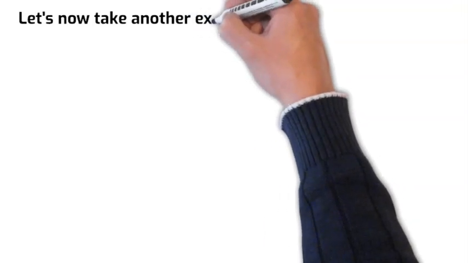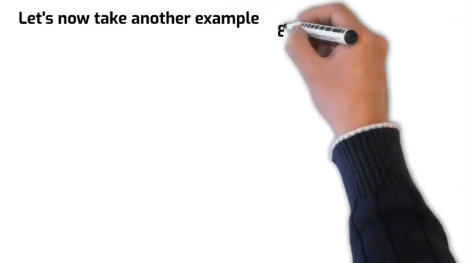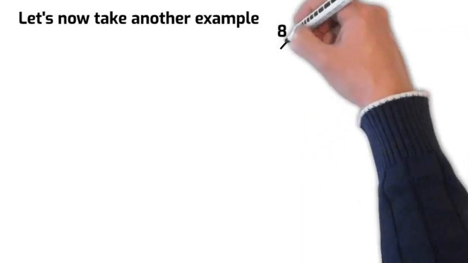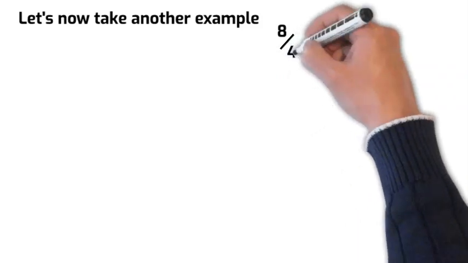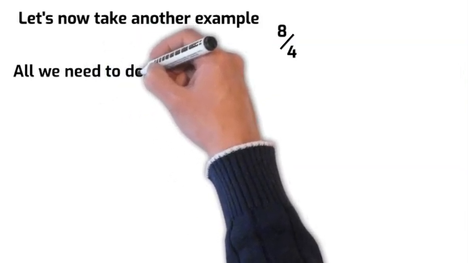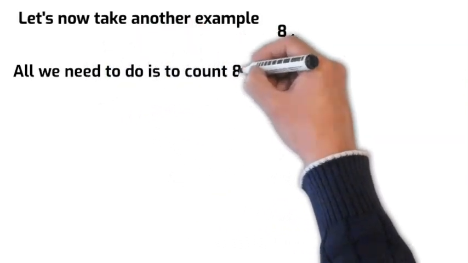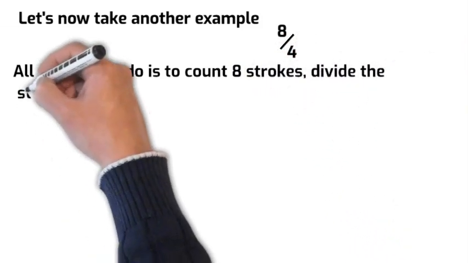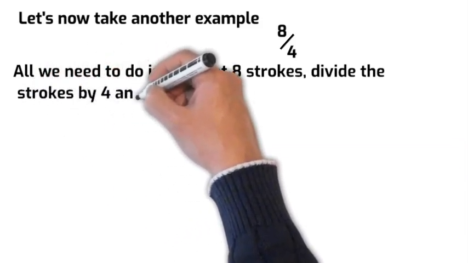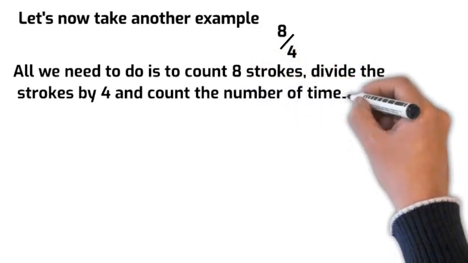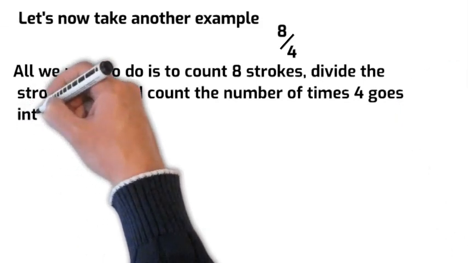Let's now take another example. 8 divided by 4. All we need to do is to count 8 strokes, divide the strokes by 4, and count the number of times 4 goes into 8.